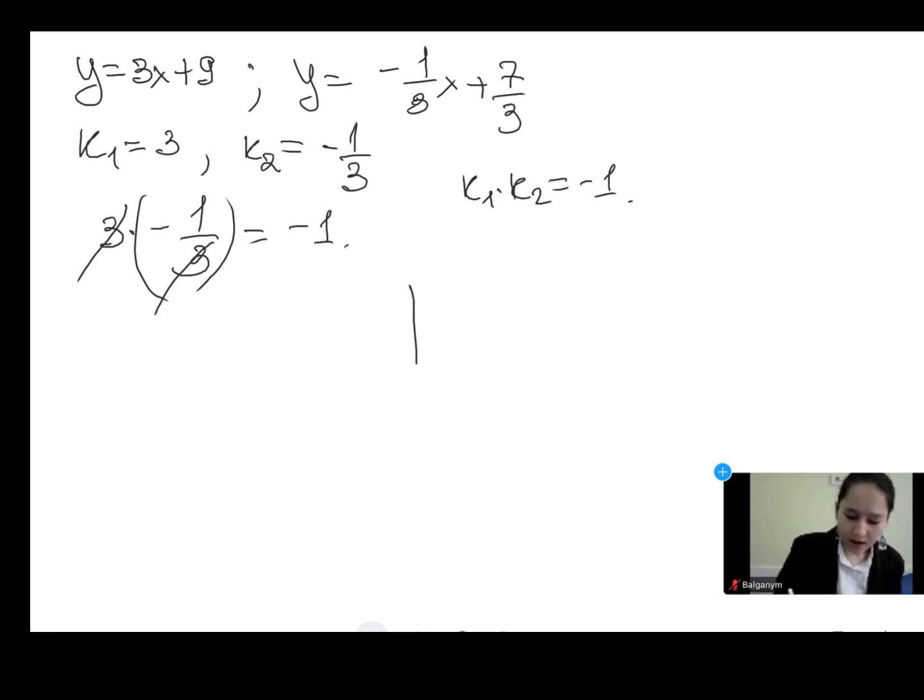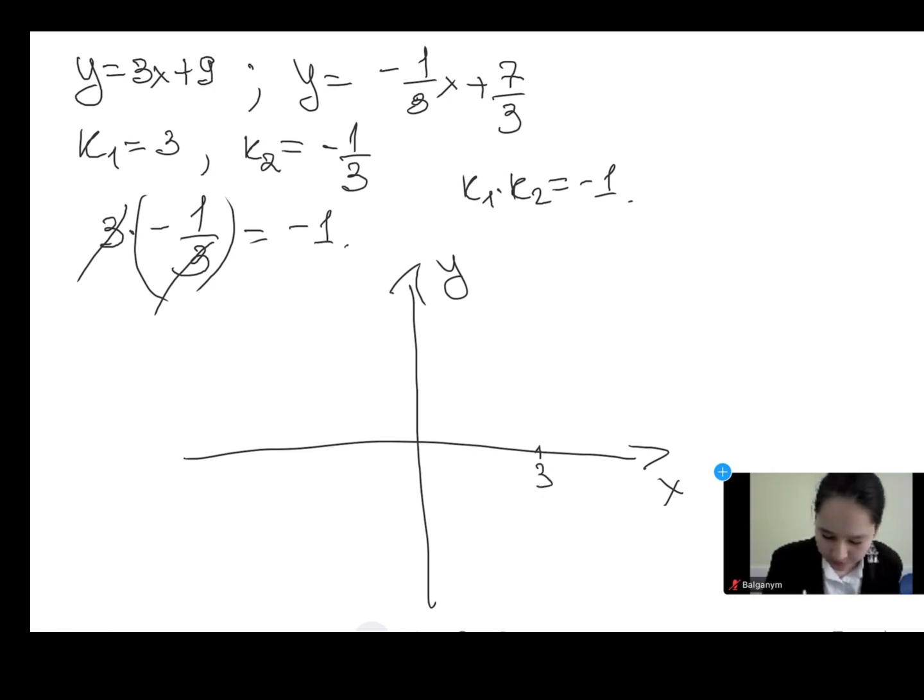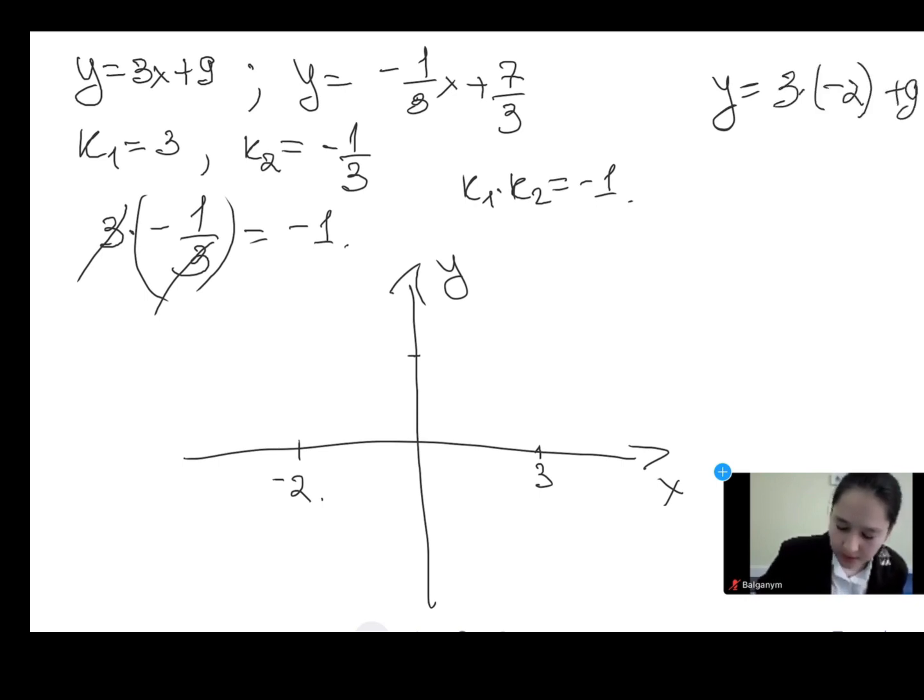Now let's draw the graph here. If x is minus 2, let's write here 3 times minus 2 plus 9. It will be minus 3, right? Or plus 3. Plus 3.